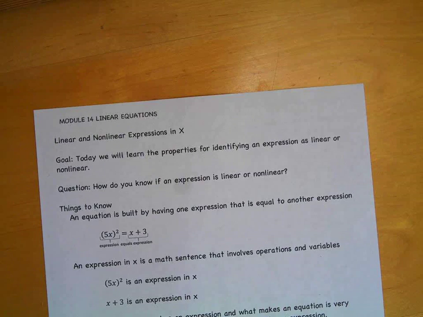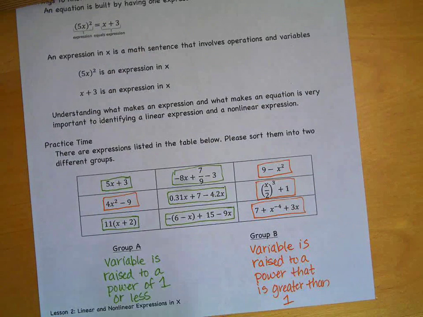And now what we have to do, if we go back to our goal, it says today we will learn the properties for identifying an expression as linear or nonlinear, and we have two different groups. So having said that, what you now need to understand is that you have now figured out the difference between linear and nonlinear. The difference is that linear means that it will make one straight line when you graph it.